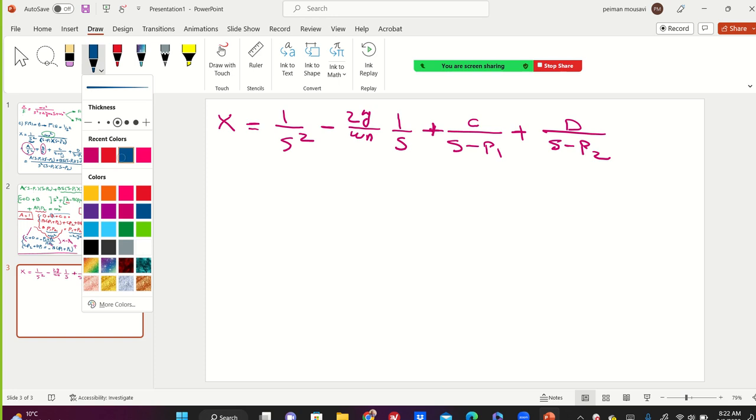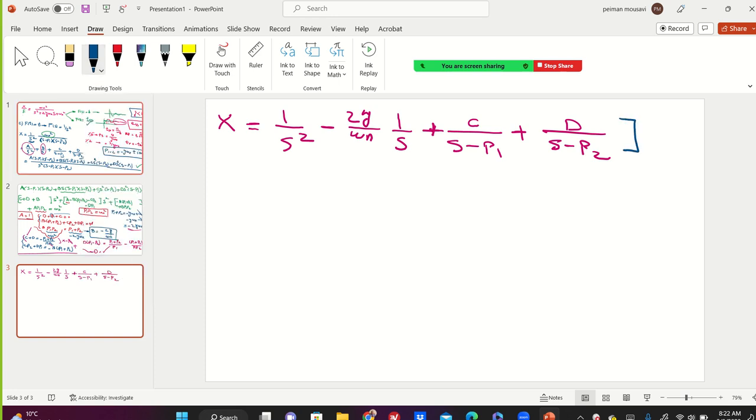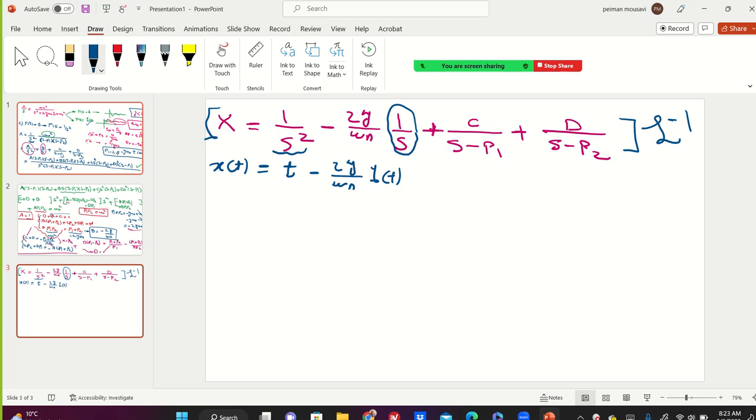Now, let's go to the time domain by Laplace inverse. You see that the x of t gonna be this term, as you know, a ramp. This term gonna be unit step, 2 zeta over omega n in step. This term gonna be c e to the p1t plus d e to the p2t.